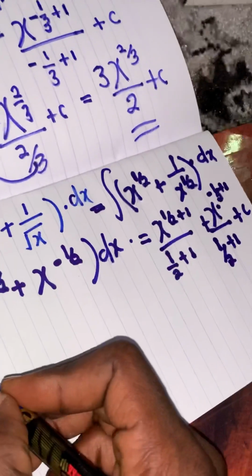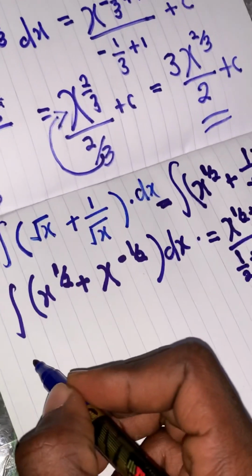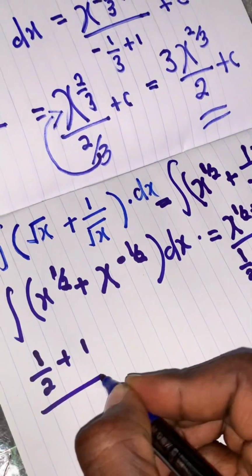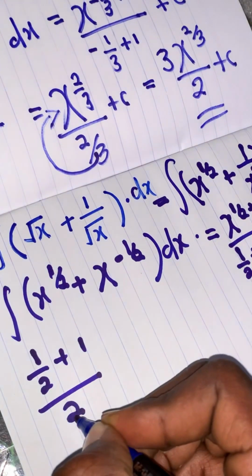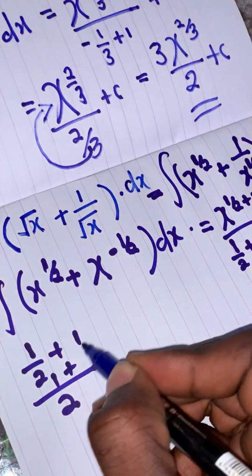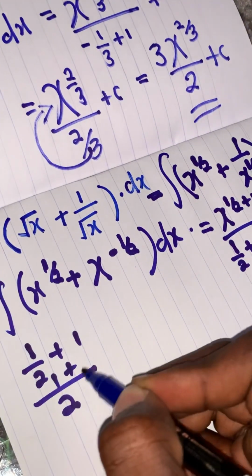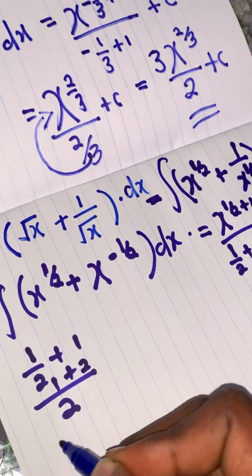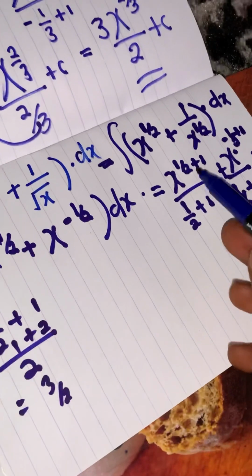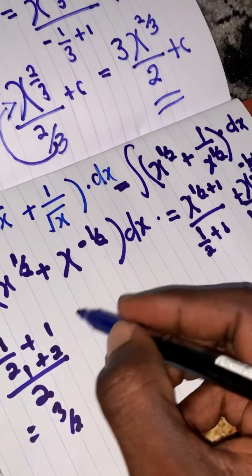LCM of 1 by 2 plus 1 would be, the LCM would be 2 into 2, 1 times 1, plus we have by 1 here, 1 into 2 times 1, 2, which gives us 3 by 2. So instead of this we can write 3 by 2.